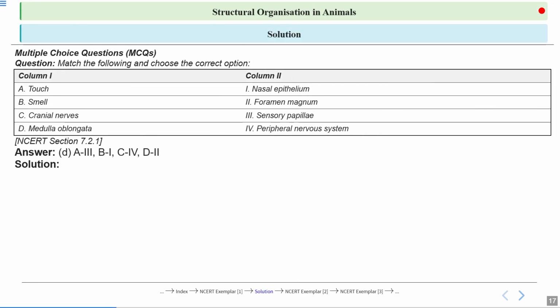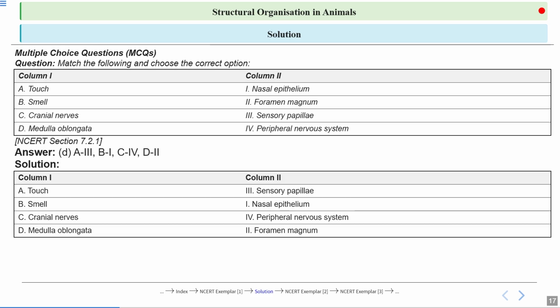The answer is option D. So this is the correct match. Touch is related to the sensory papillae which are present on the skin. So A matches with the third. B, smell. For smell, we have the nasal epithelium inside the nostrils, right? So that is related to the sense of smell.